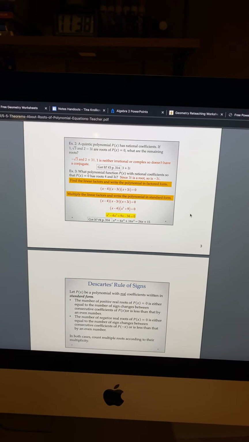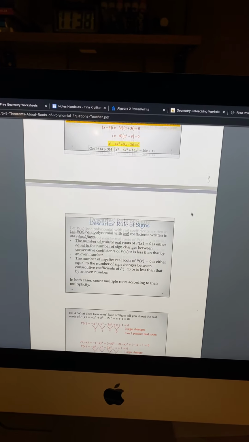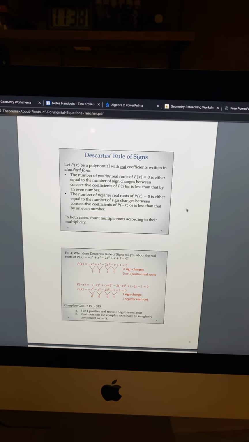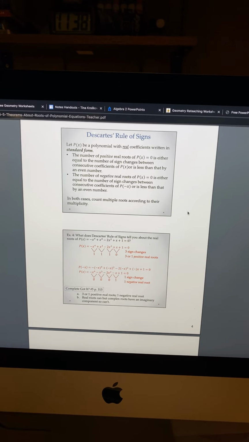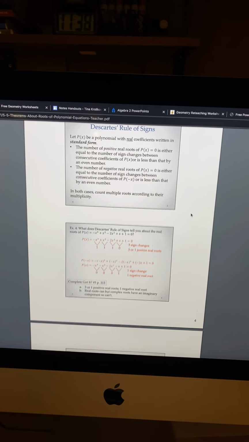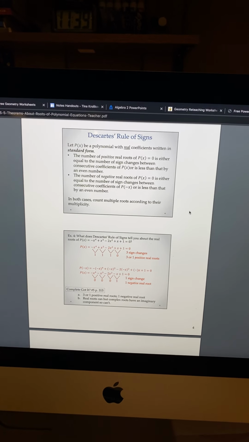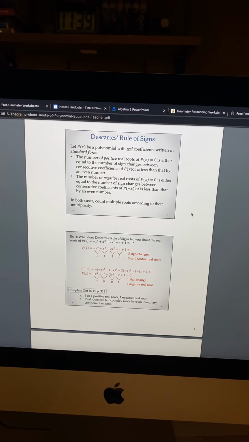Now, we're looking at Descartes' rule of signs. This is very important, especially when we're dealing with any linear equations, any quadratic equation, any cubic equations, and any quintic equations.